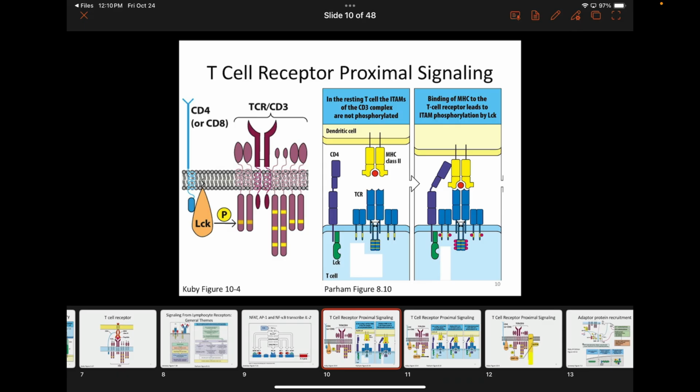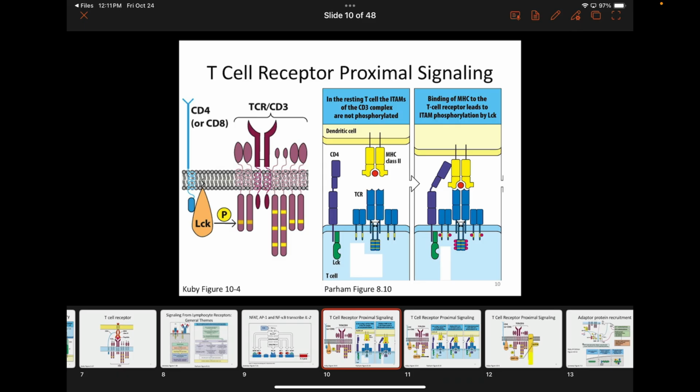So these are both Src family kinases that you may have seen in molecular biology of cancer. So we've got our Src family kinase, shown on this slide as LCK, getting brought into proximity of these ITAMs, and now LCK is able to add a phosphate group to all of these ITAMs. And you can see that indicated by the pink dots added to the ITAMs.